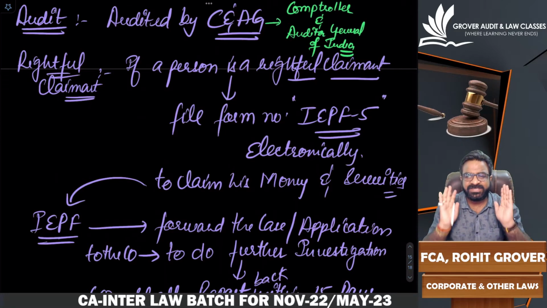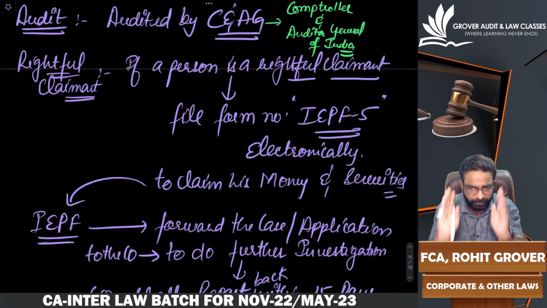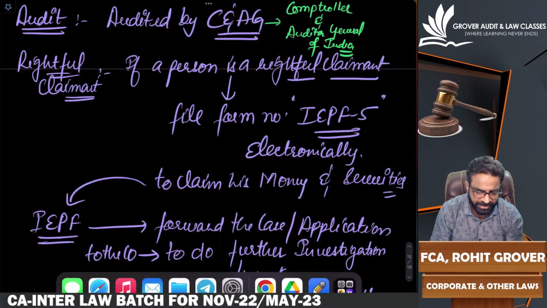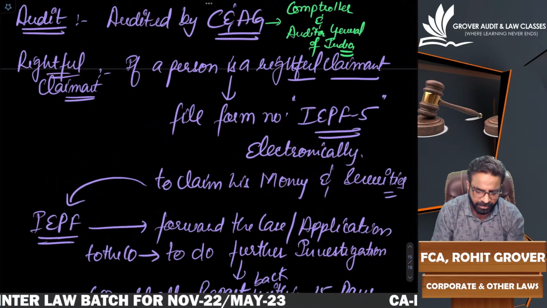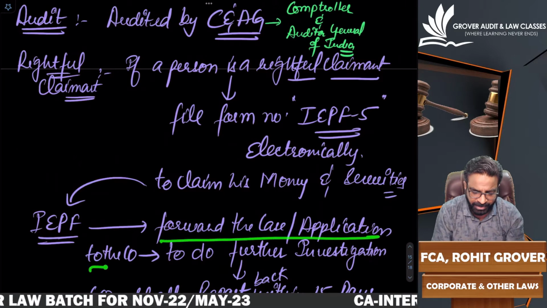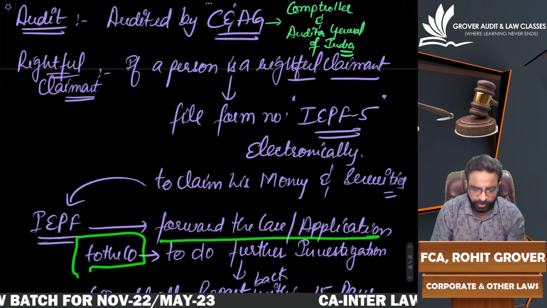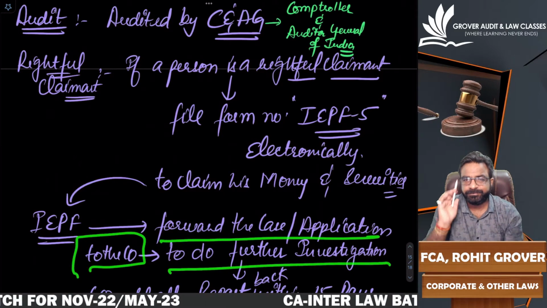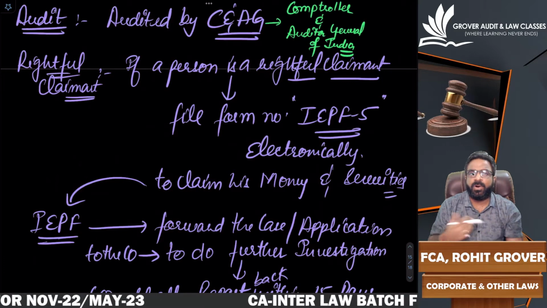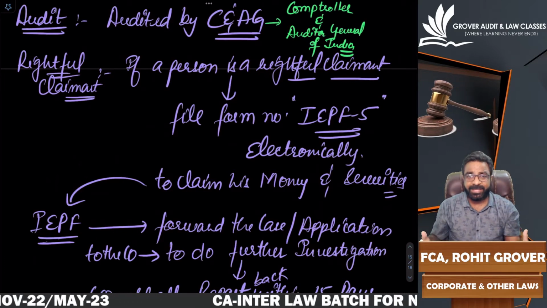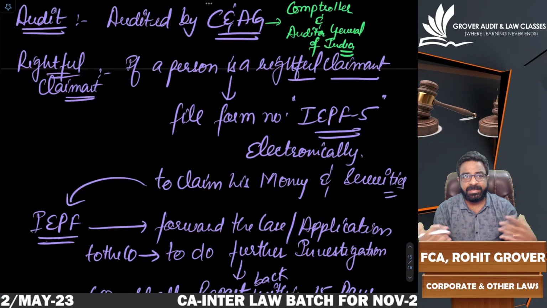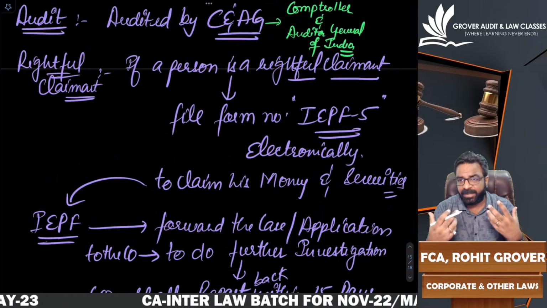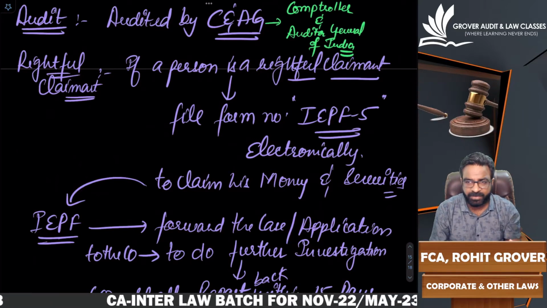So IEPF will send this case to whom? Company. So tell me what is written. IEPF is doing what? Forward the case and application to whom? Company. To do what? Further investigation. Now tell me all the details of this member who is claiming out of the blue after 9 years, he came, is claiming his money back. Now tell me, IEPF just like that will not give you the money. Am I correct?